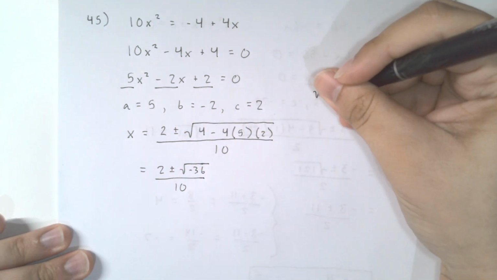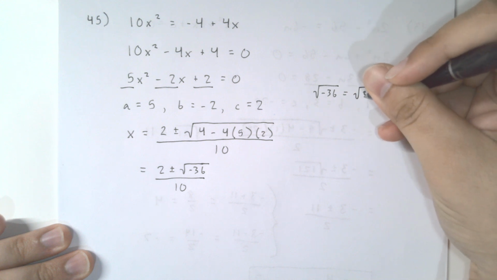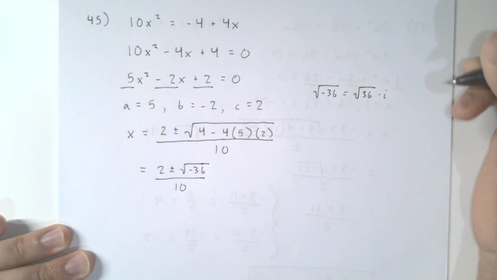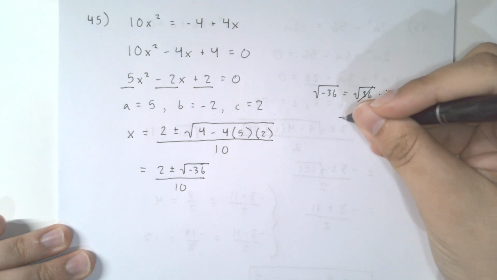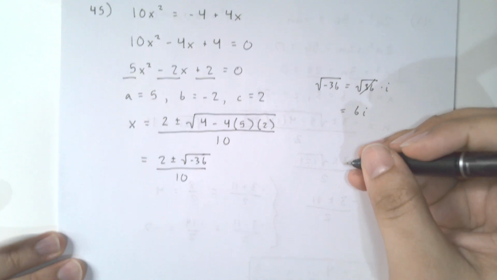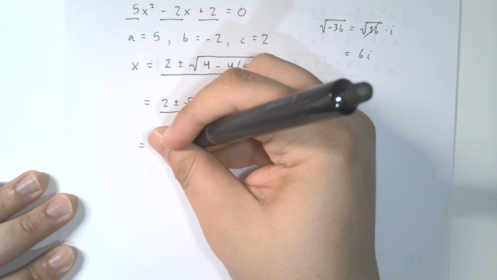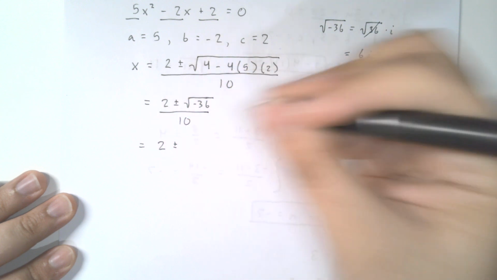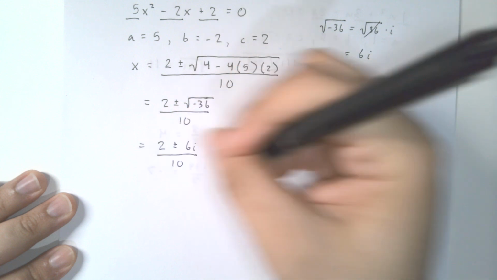So, square root of negative 36 is the square root of 36 times i, and the square root of 36 is 6, so we just have 6i, meaning we can replace our square root of negative 36 with just 6i over 10.